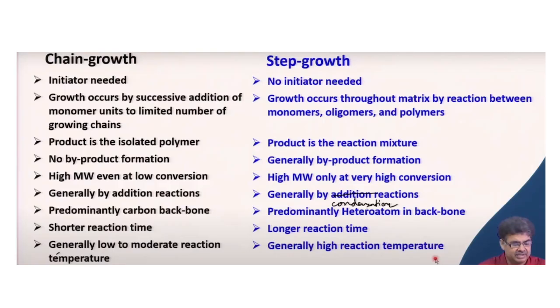Here I also added the differences between chain growth and step growth. In chain growth it requires an initiator, but step growth does not. Second, growth occurs by successive addition: in addition reactions one molecule is added at a time. But in step growth, growth occurs through reaction between monomers and oligomers, meaning smaller chains, which react after some time.